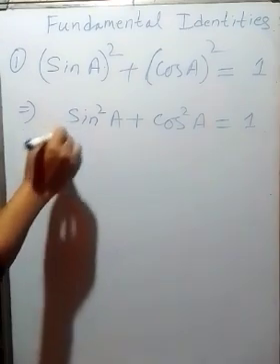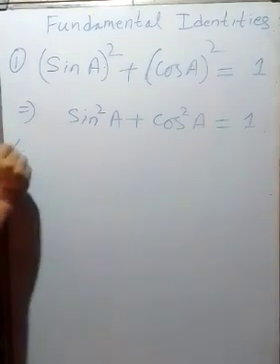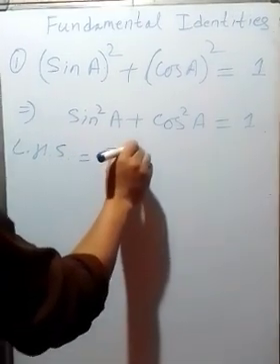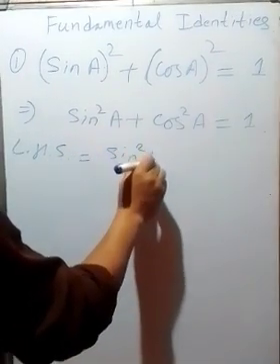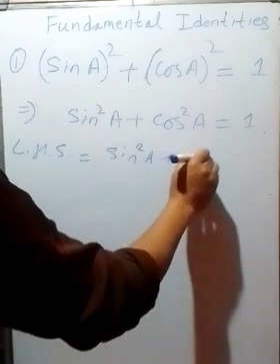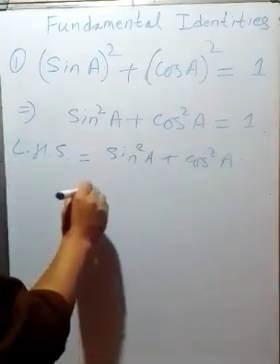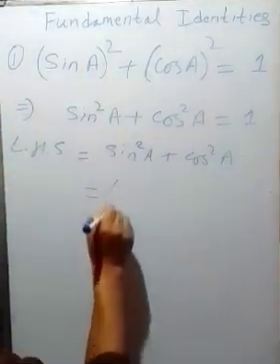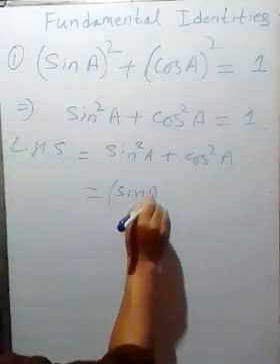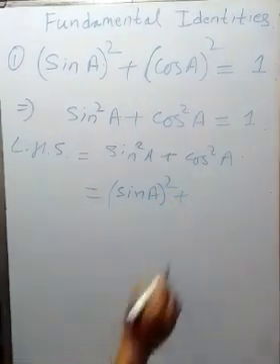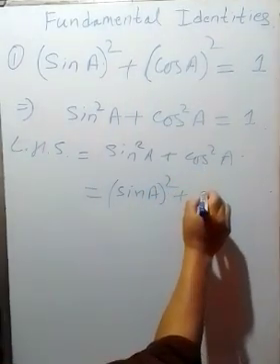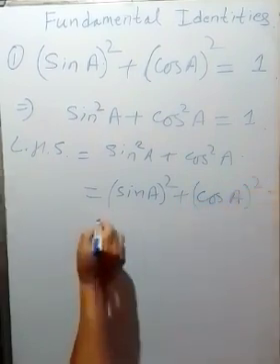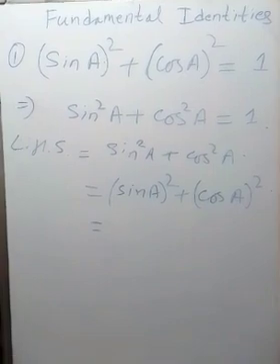So to prove, now from left hand side, you can prove it or you can check it. Sine square A plus cos square A. Sine square A means what? Square of sine A. So you can write down square of sine A. And similarly, cos square A means square of cos A. Now you can use here now trigonometric ratio.